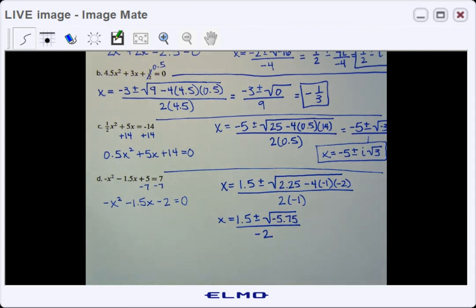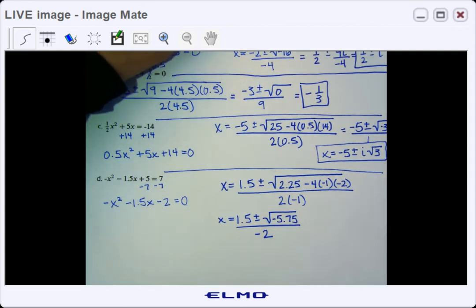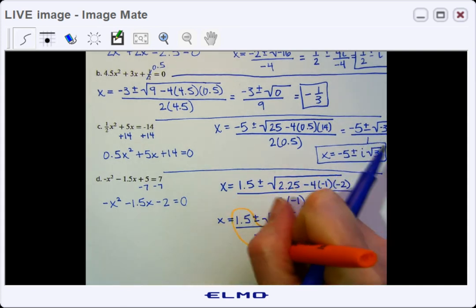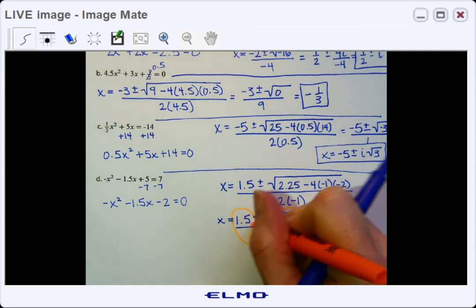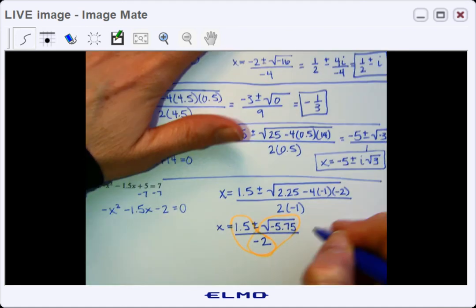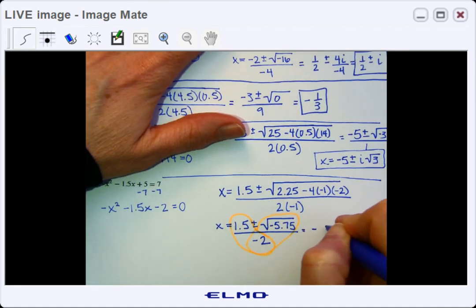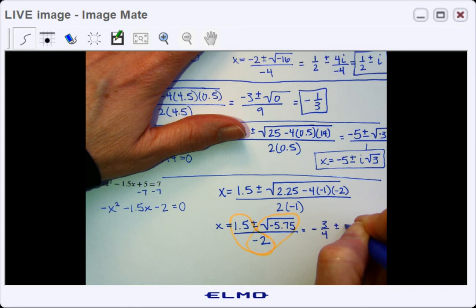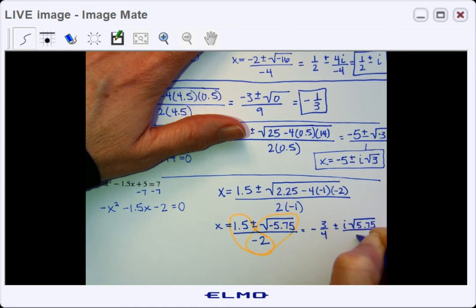Now, 5.75 is not a perfect square, but I am going to bring out the square root of -1, and then I'm also going to distribute the dividing by -2. So on the answer key, you'll see 1.5 divided by -2 is equal to -3/4 if you simplify it as a fraction. And then we have plus or minus i root 5.75, and then that's just going to be over 2.